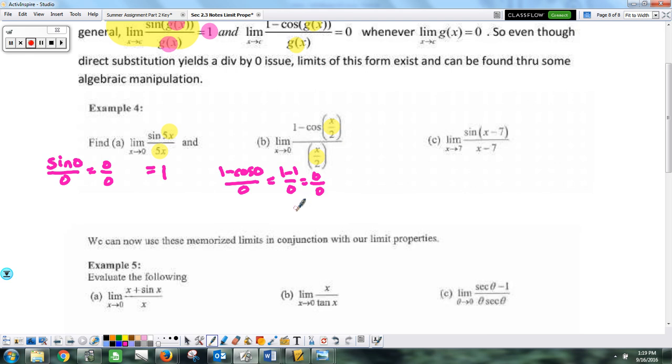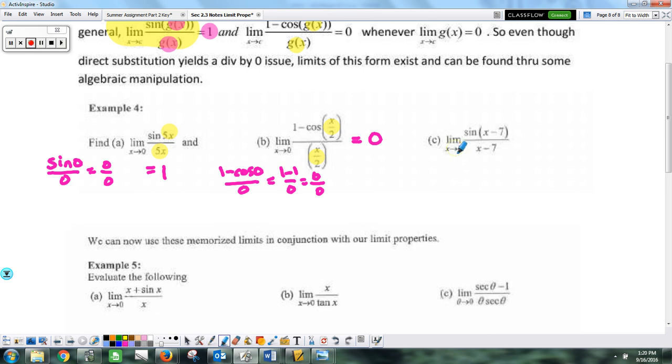But we recognize that this is that special form for that trig limit, so I can pretty much just say my answer is going to be 0. So you just have to memorize 1 and 0. And this limit works even if it doesn't really matter where x is going.